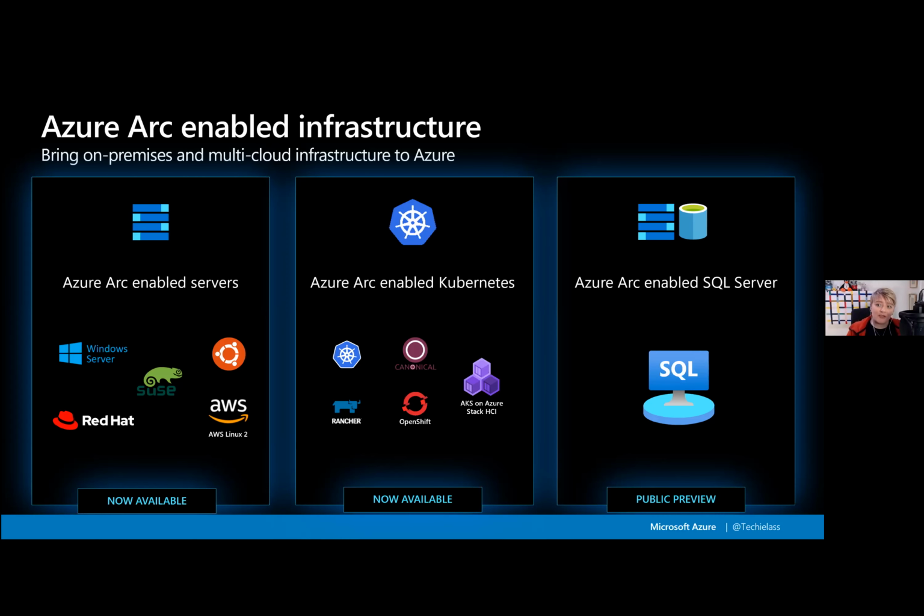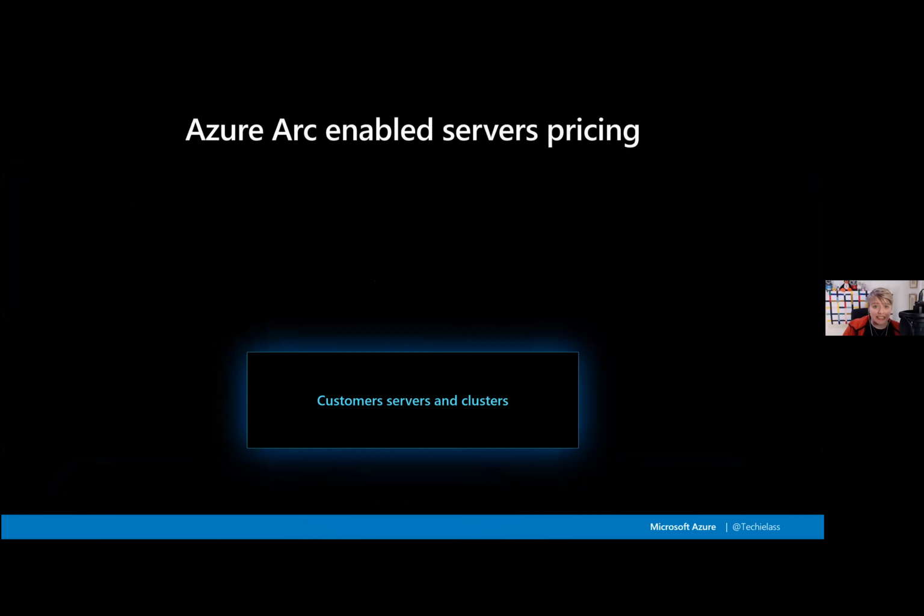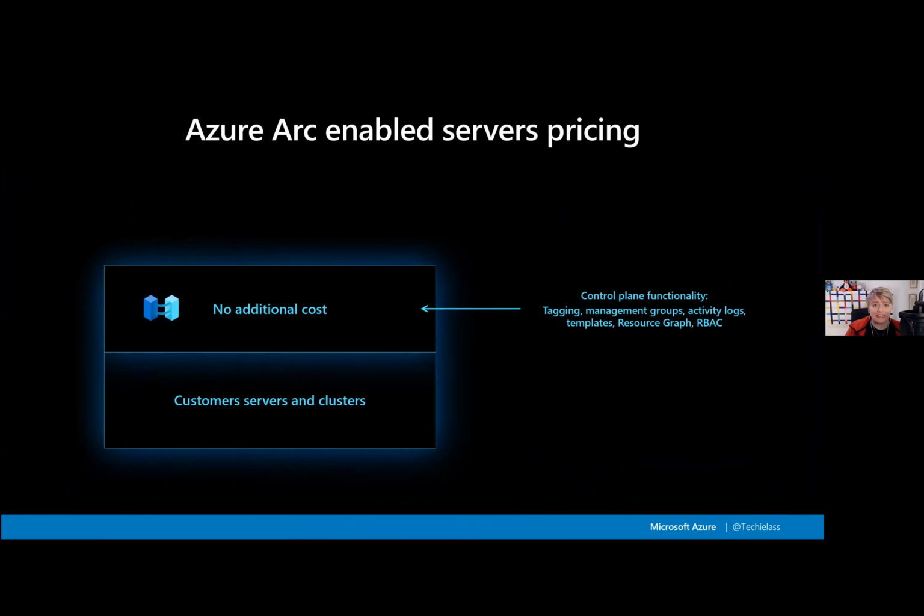Now, Azure Arc is something that is exciting a lot of customers, but one of the questions I often get asked is, how much is it actually going to cost? If you're implementing Azure Arc, there is really no additional cost if you're looking to just install the agent, maybe apply some Azure tags, have a look at some of the activity logs that are happening within your server, or even control some role-based access control via the service.